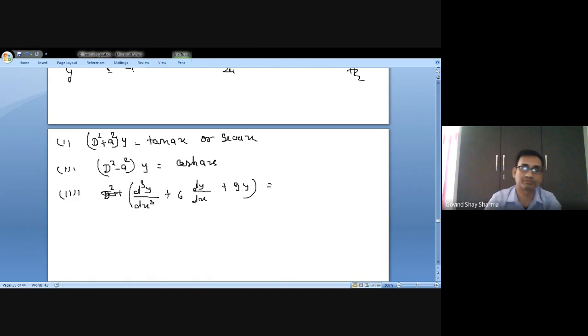Here we have done x plus cos x. Similarly, we can find x square plus sin x. This type of question.